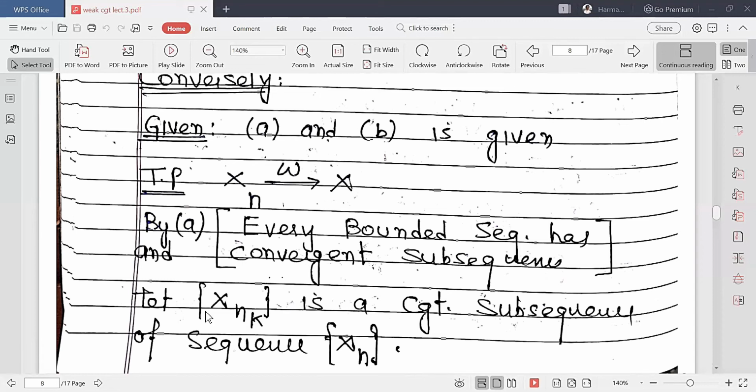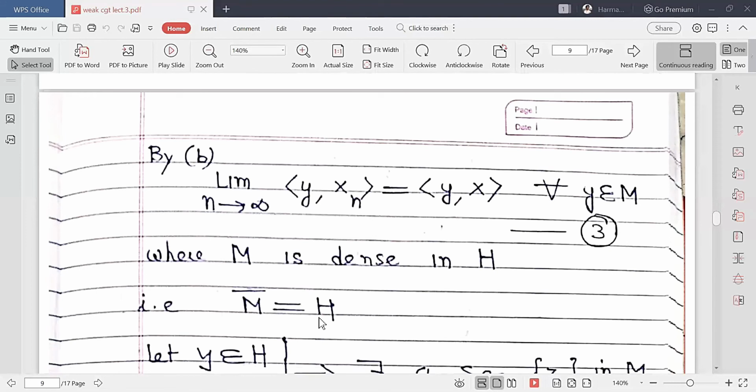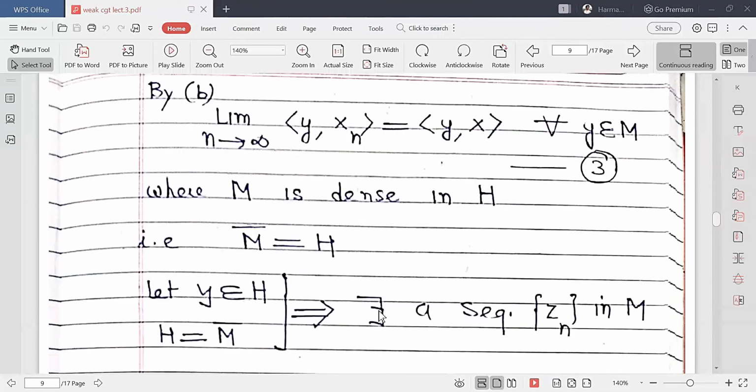Then the Xn sequence has a convergent subsequence Xnk. So we consider Xnk a convergent subsequence of the sequence Xn. And by part B, the limit as n approaches infinity of the inner product of y, xn is equal to the inner product of y, x for every y belonging to M, where M is dense in H, which means the closure of M is equal to H.